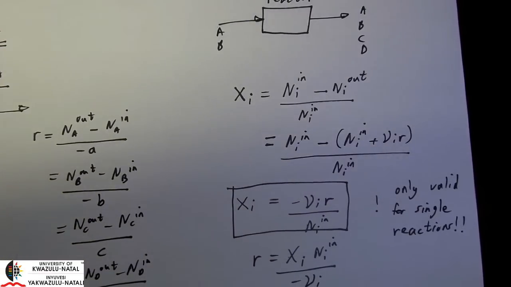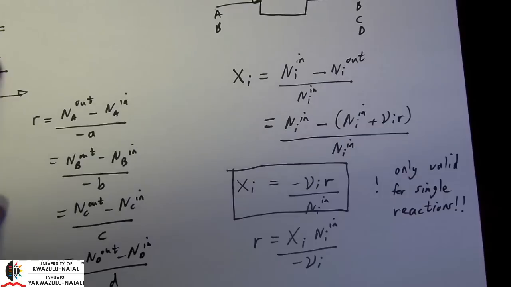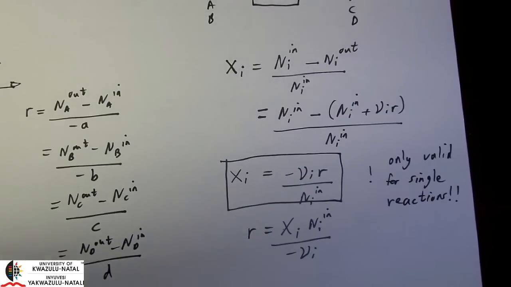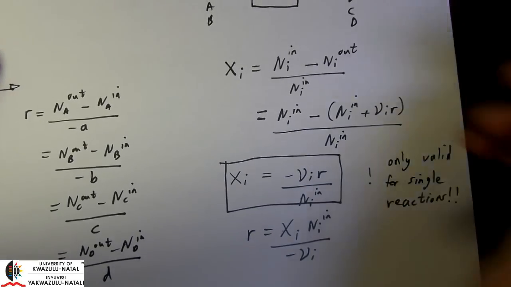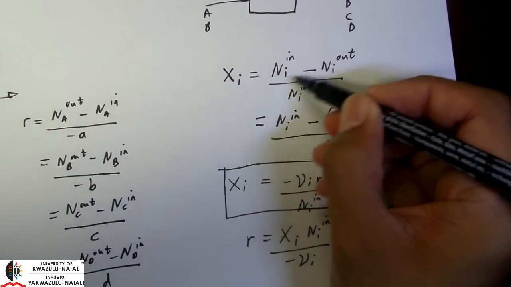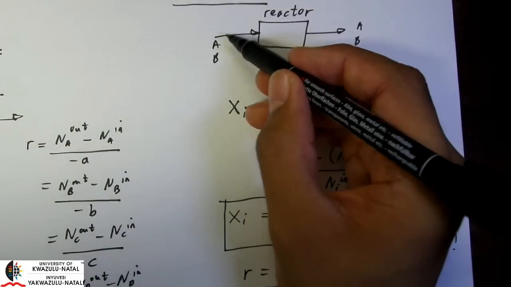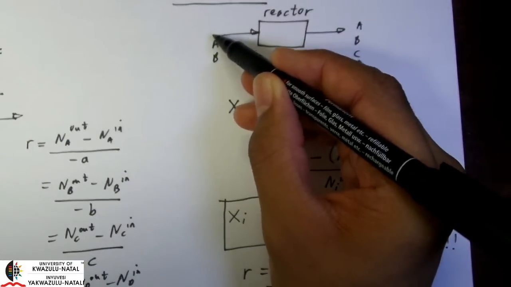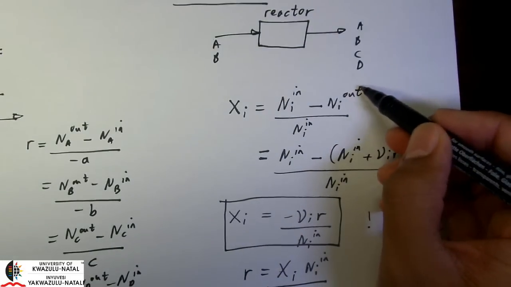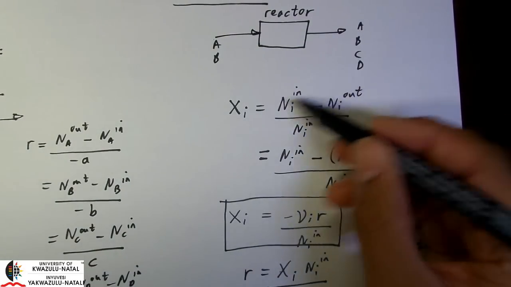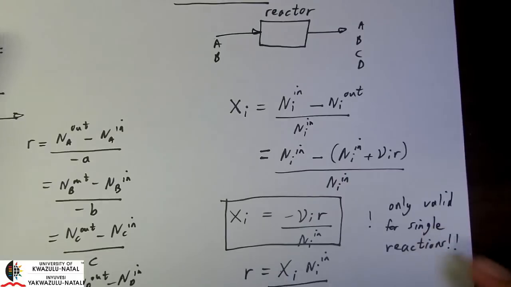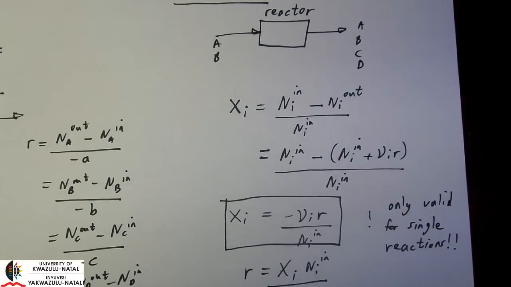In the case of the limiting reactant, our conversion will be complete. We will have an input flow rate, but because our reactant is limiting, all of it will get finished. So Ni out will be 0 and our conversion will be 1, in other words, 100% conversion.